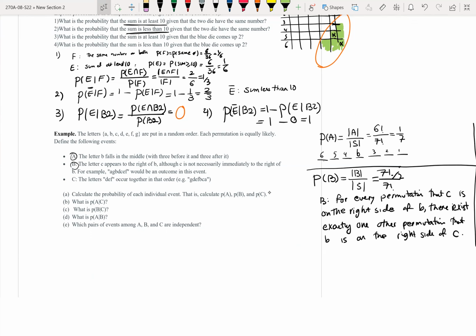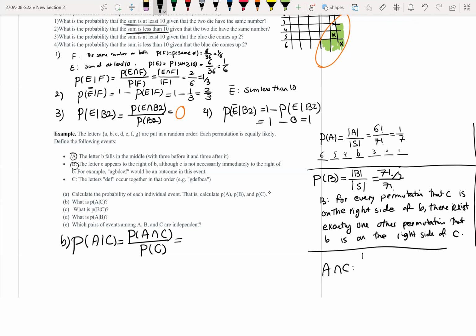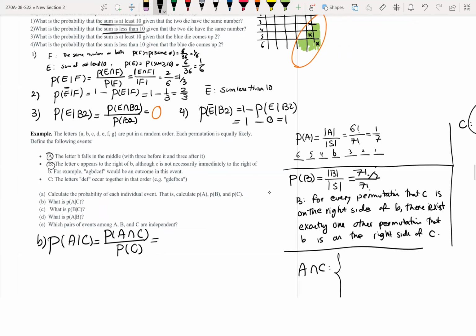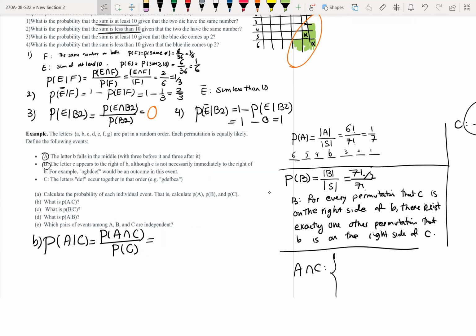No, it was opposite. Sorry. Probability of A given C. So it's going to be probability of A intersection C divided by probability of C. Okay. So what is A intersection C?